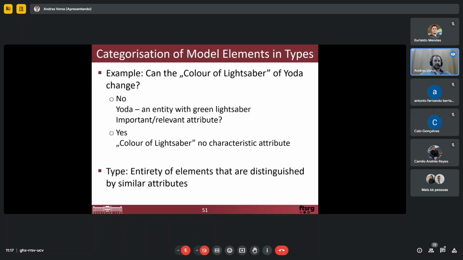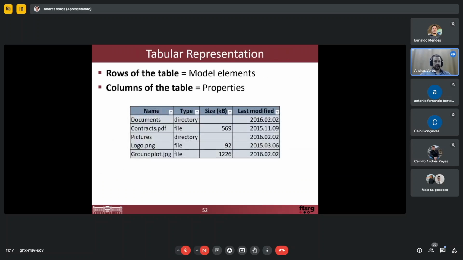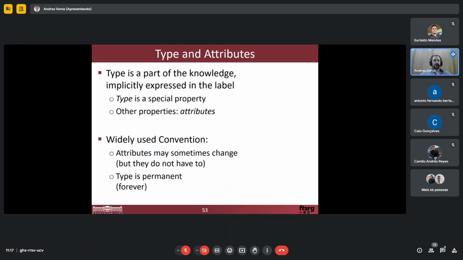And we can use it to answer questions. And what I want to show is types and attributes.